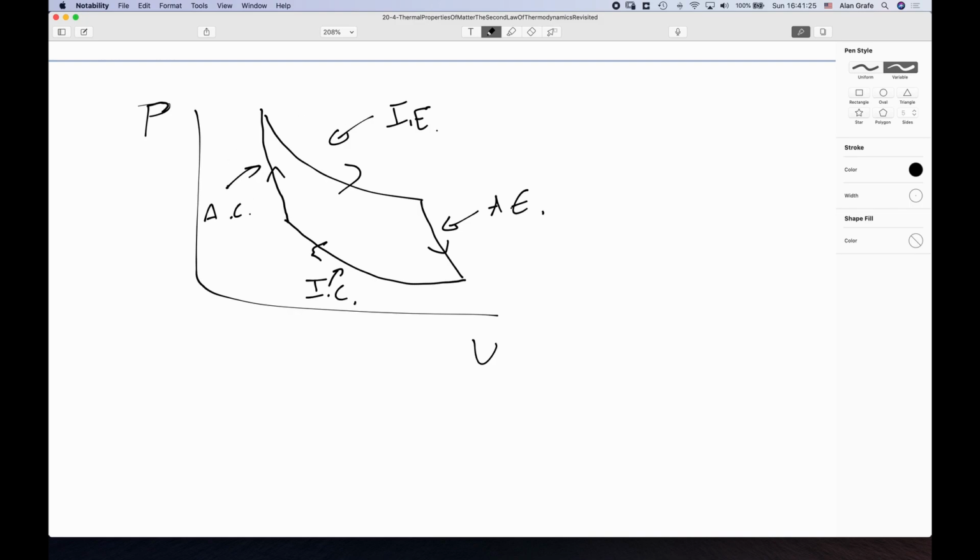But we can work out what the efficiency of our Carnot engine is, because we know that over an entire cycle, delta S has to be equal to 0.